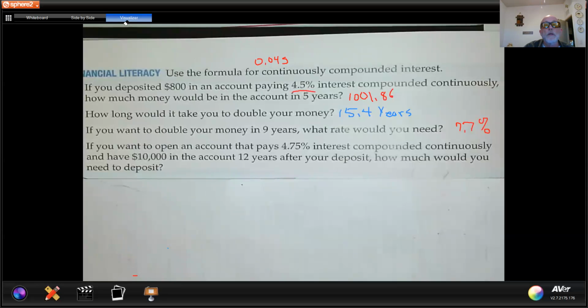Because we're using the formula A equals P times E raised to the KT power. So I don't know P. If I'm looking for this one, it says, how much did I start with? How much did I deposit? Because they're telling me the answer was $10,000.